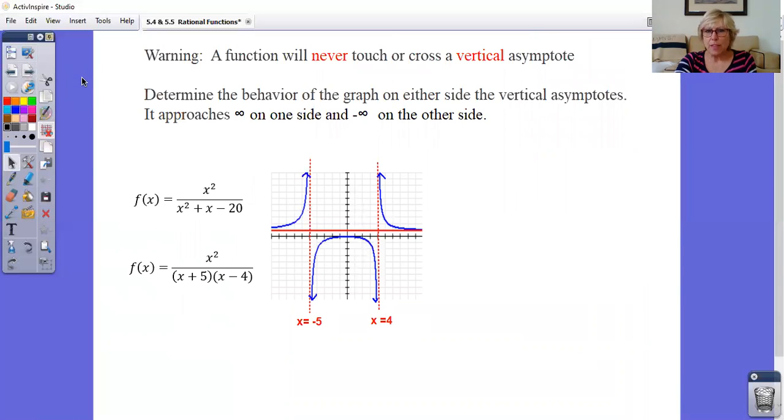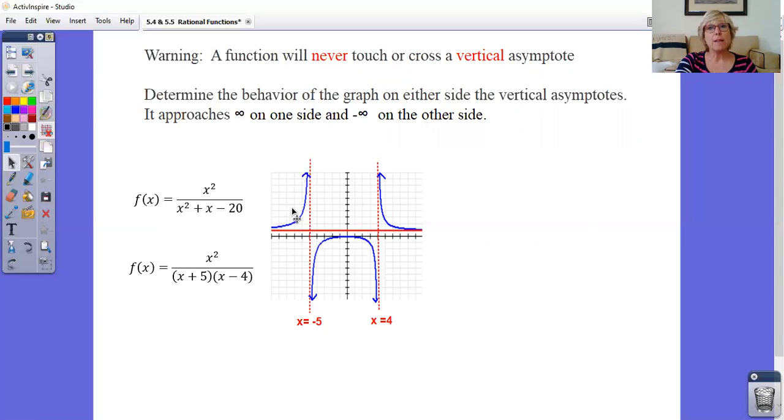So let's talk about these asymptotes a little more. So warning, a function will never touch or cross a vertical asymptote. It gets closer and closer and closer, but never touches, and it goes up to infinity, or it will get closer and closer and closer and go down to -infinity, one or the other. As it approaches, the function will approach +infinity on one side. In this case, let's look at this asymptote.